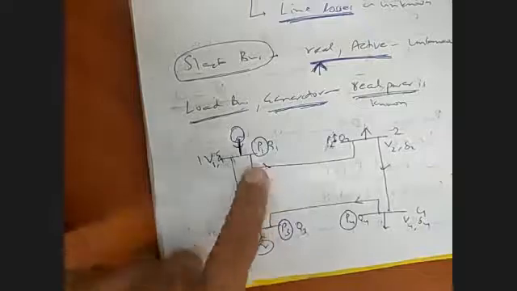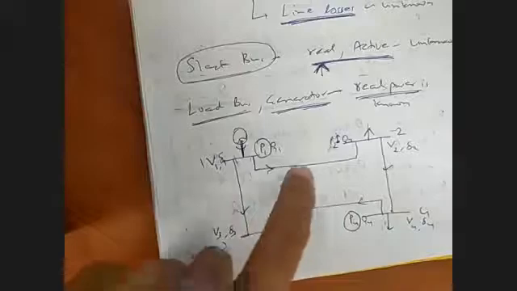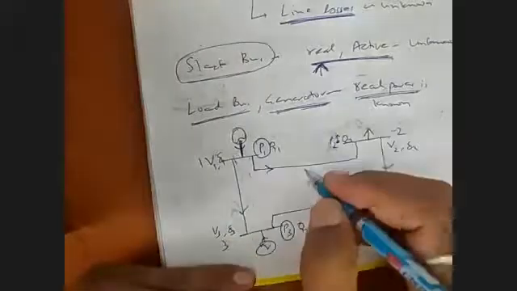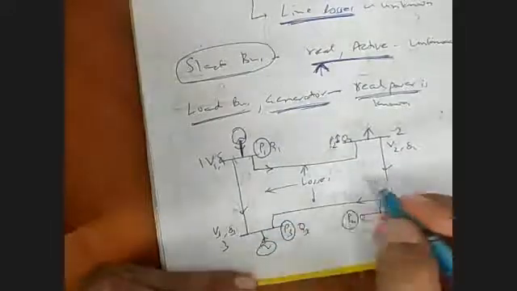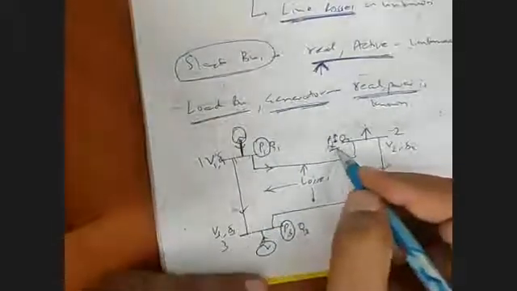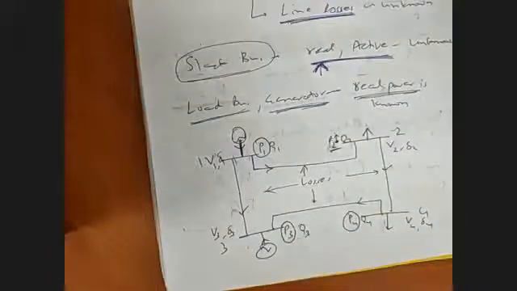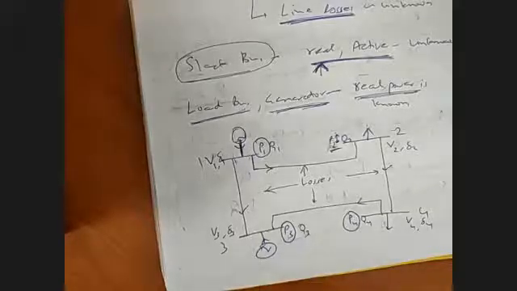So all the changes which will occur due to the changes in the current, and then in the losses which will occur in the lines, will be accommodated by this bus only. So we have only one bus which will be changing the real power of the system, and all other buses, which are referred to as load bus or generator bus, have fixed P and Q quantities.